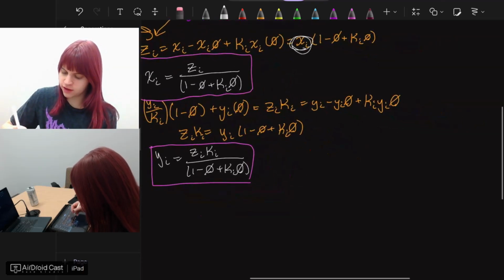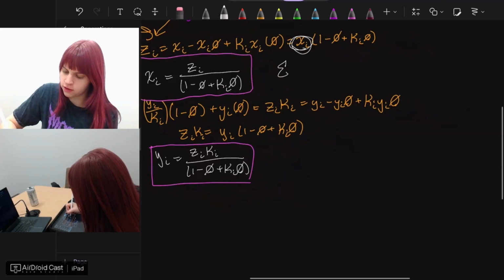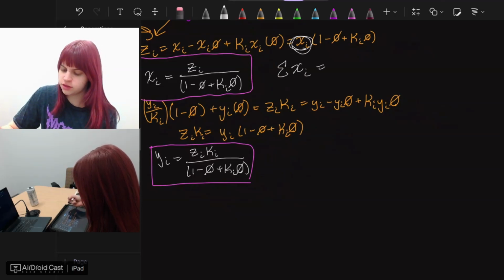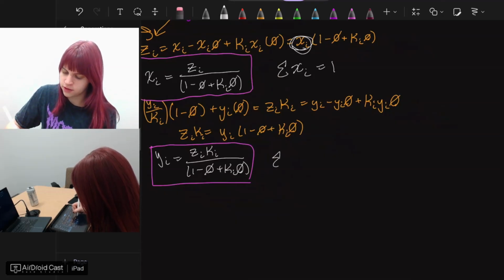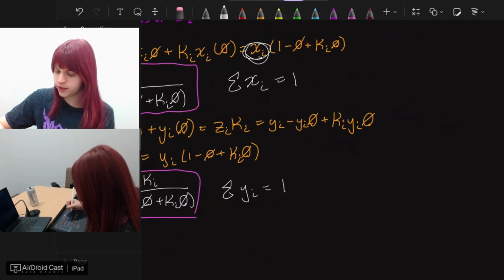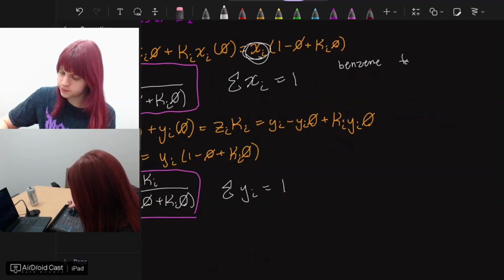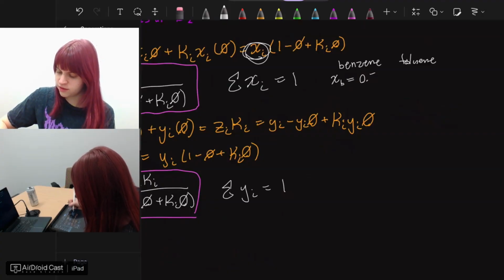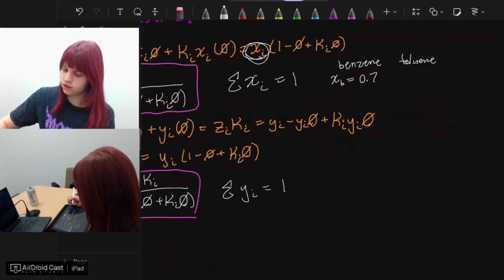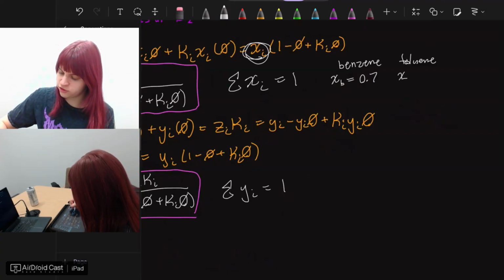Something else we know is that the sum of all of the liquid fractions within a mixture should be equal to 1. The same thing is true for the vapor fractions. So for an example, I can say if we had benzene and toluene, the liquid fraction of benzene, if it was 0.7, then the liquid fraction of toluene would need to be 0.3.